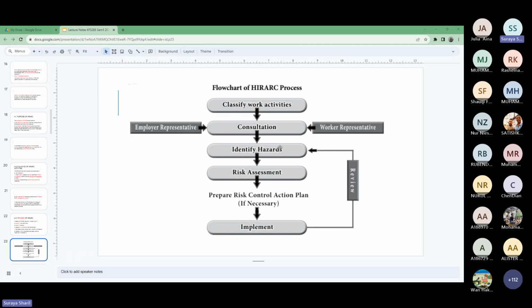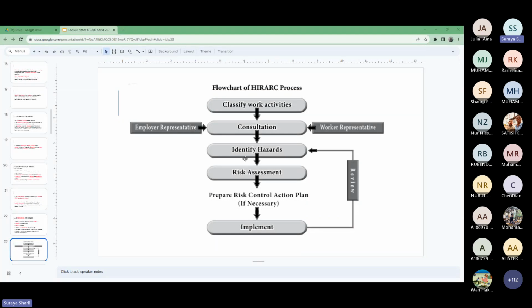So from there, the hazards can be listed and identified, and each hazard requires a risk assessment, and then the preparation of a risk control action plan, and next is implementation.